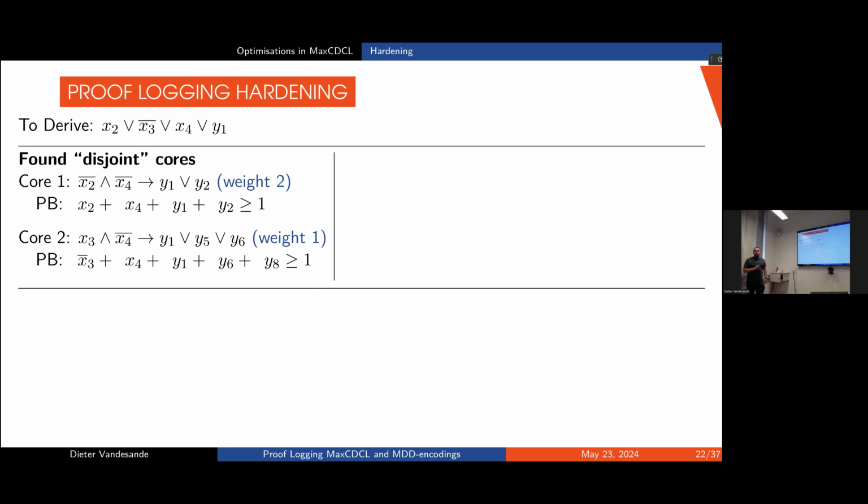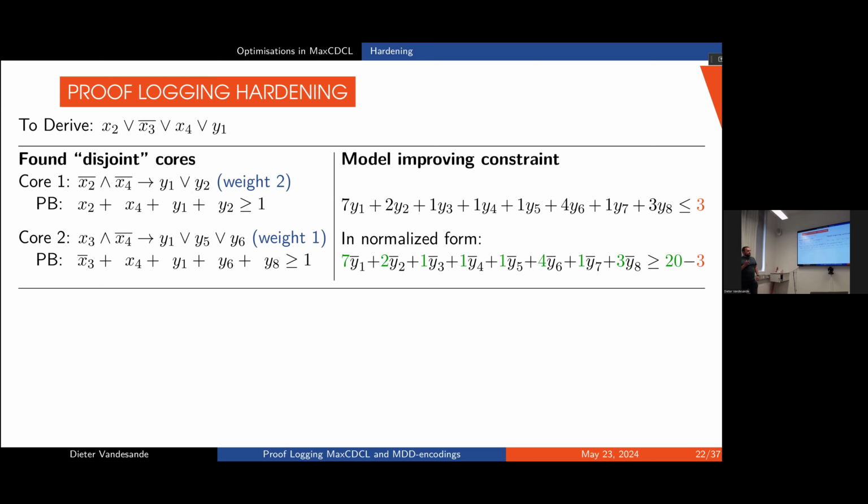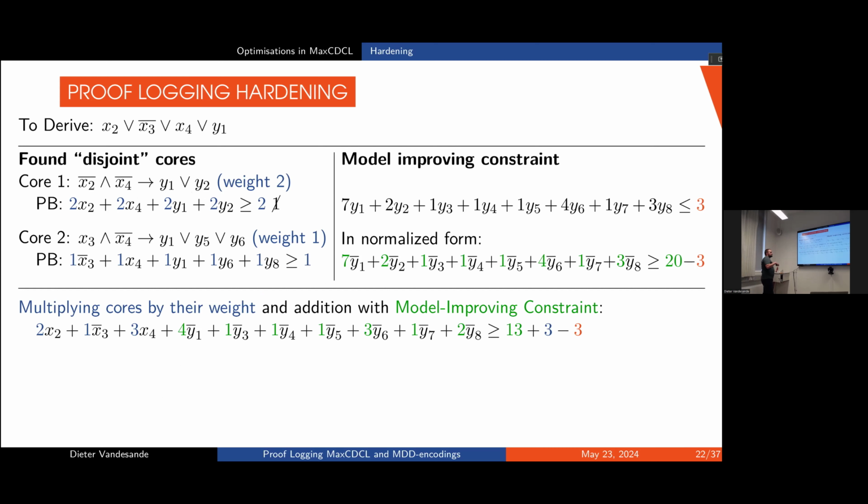So again, how can we prove this? We have the same structure. So we have two cores, let's do the Boolean, and we have the model improving constraint. We add them up, and this simplification I did already. So 7 not y1 plus 2y1 plus 1y1, that gives 4 not y1.